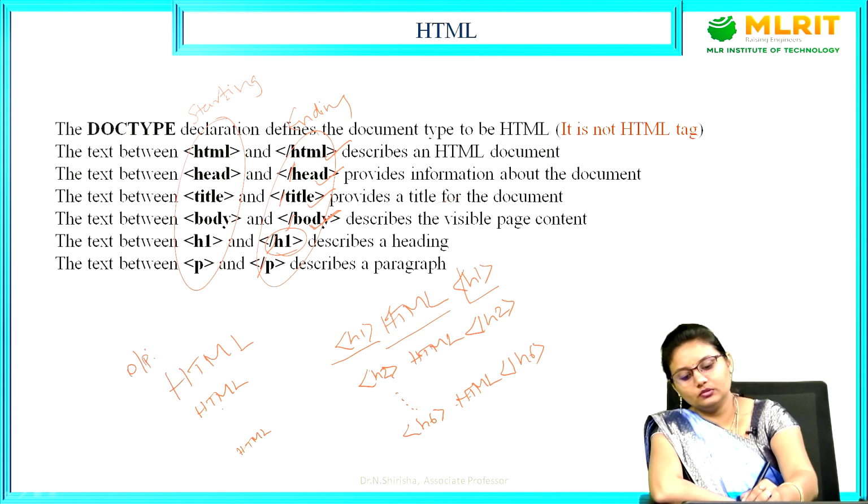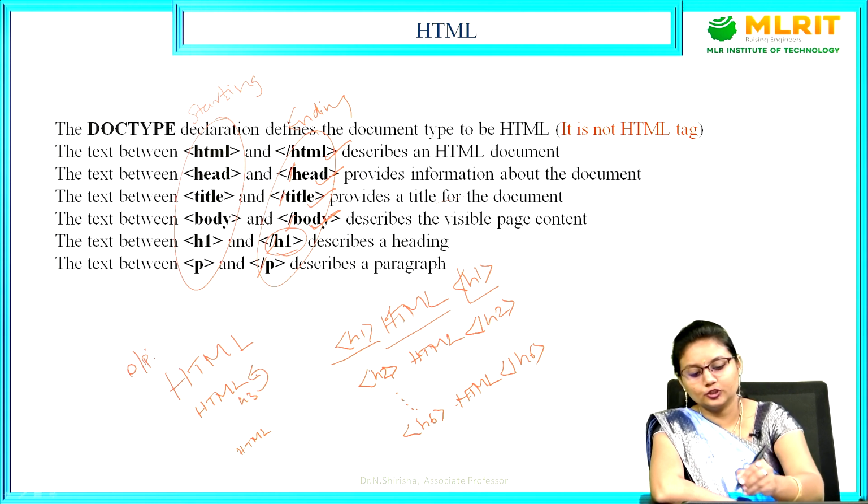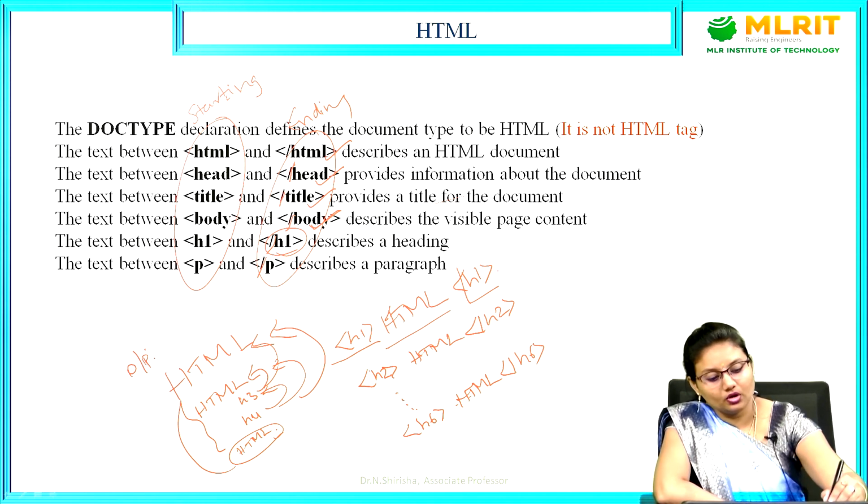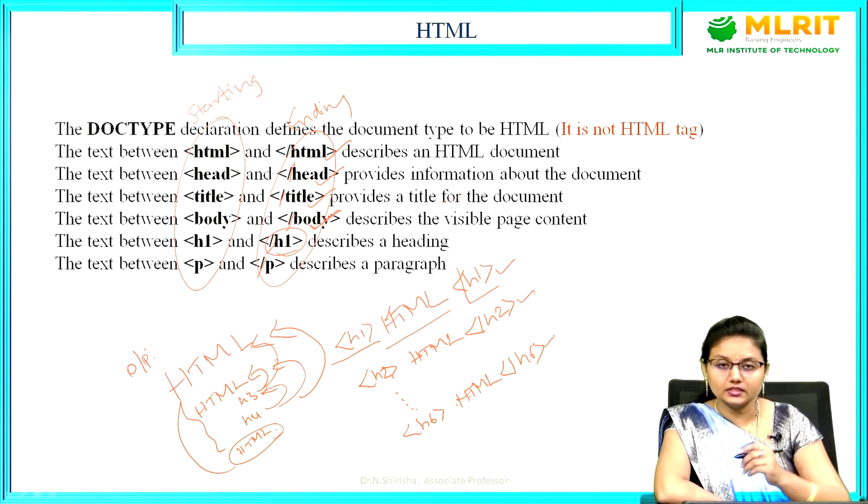If you use H3, it will be somewhat smaller than H2 and H1. If you use H4, it will be smaller than these three. And if you use H6, it will be the smallest of all. So these are all H1, H2 up to H6. These are all called heading tags.